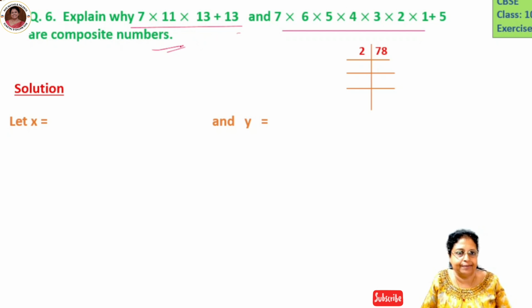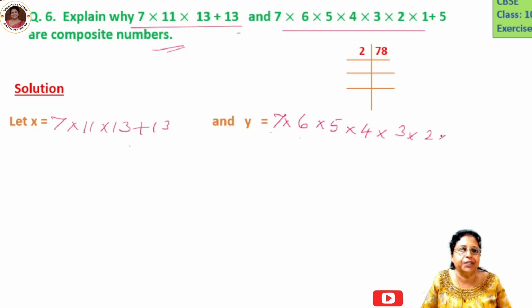So let us try to factorize these numbers. Let x be the first number, 7 times 11 times 13 plus 13. Then let y be the other number, that is y is 7 times 6 times 5 times 4 times 3 times 2 times 1 plus 5.